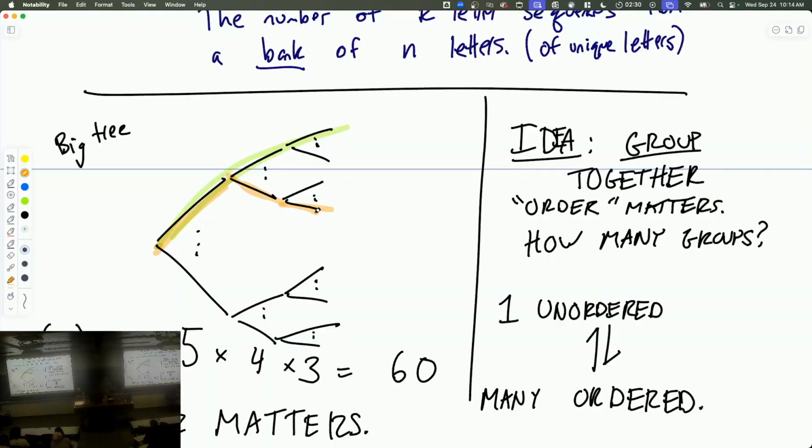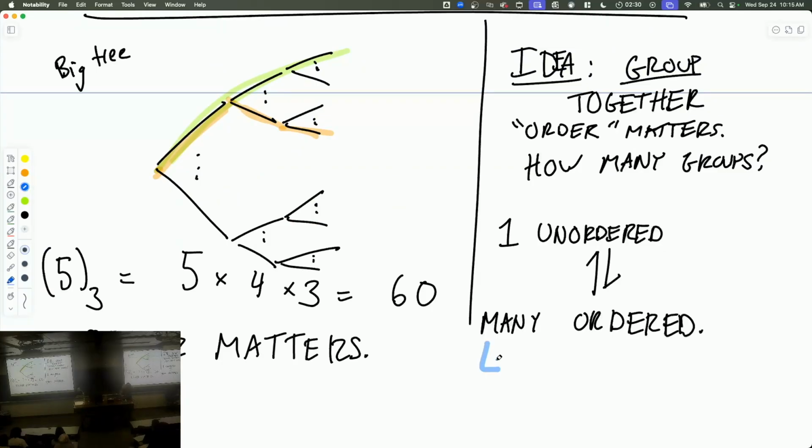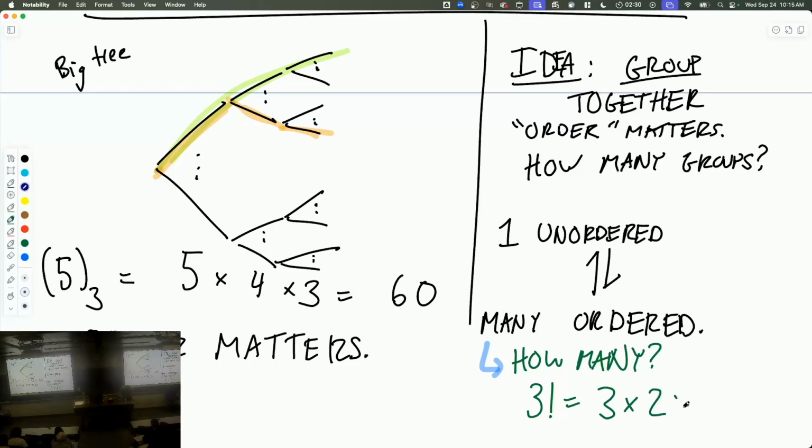That's the big idea. Once you know this, you have to ask how many. In fact, this is the very first problem we did: how many different ways can we take this collection of 3 cards and put them in some order? This is the very first problem we did with the 4 letters. Here there are 3 cards, and the answer is 3 factorial, which is 3 times 2 times 1.